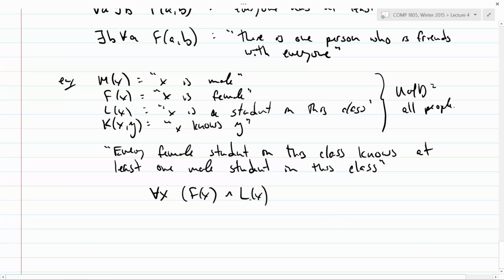L(x). Implied. So, no, we're very close. This is good. Who can help them? Yeah. I would say K(x,y).